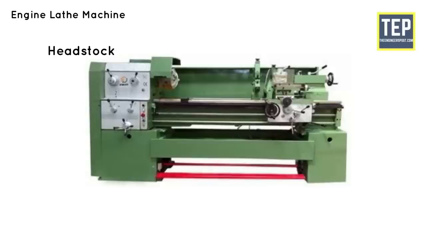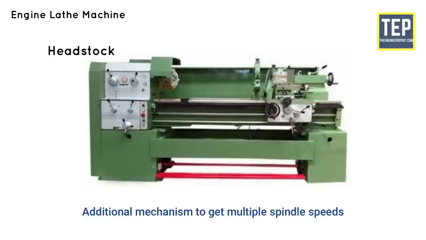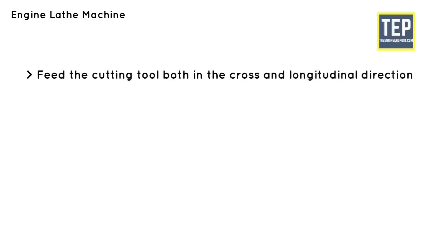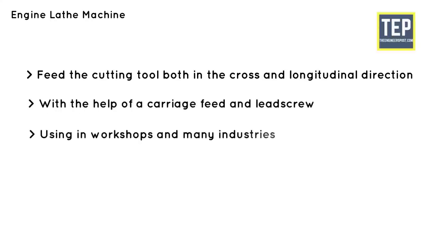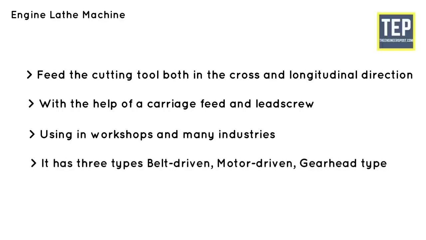The headstock of an engine lathe is rigid in construction and has an additional mechanism to get multiple spindle speeds. The engine lathe can feed the cutting tool in both cross and longitudinal directions with the help of a carriage, feed and lead screw. These types of lathe machines are still used in workshops and many industries. It has 3 additional types: belt-driven, motor-driven, and gearhead type.